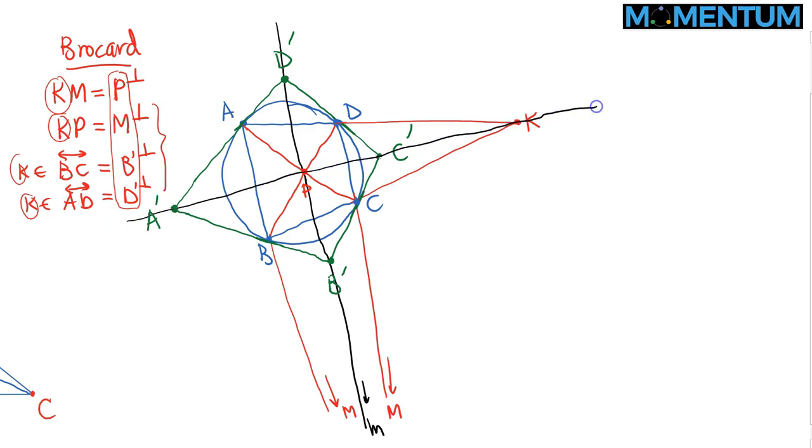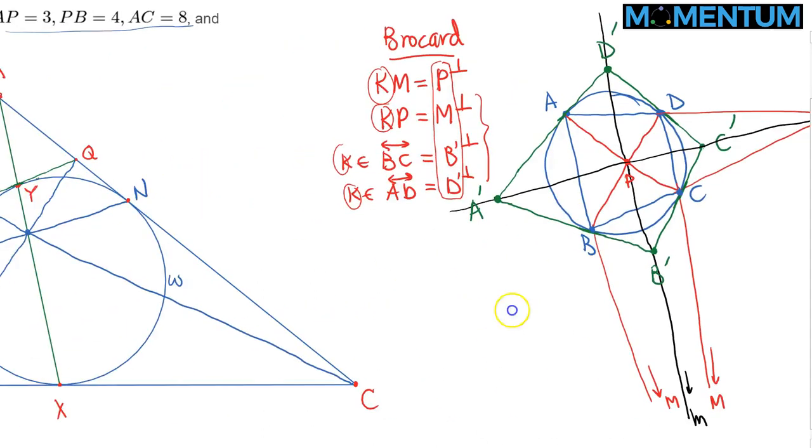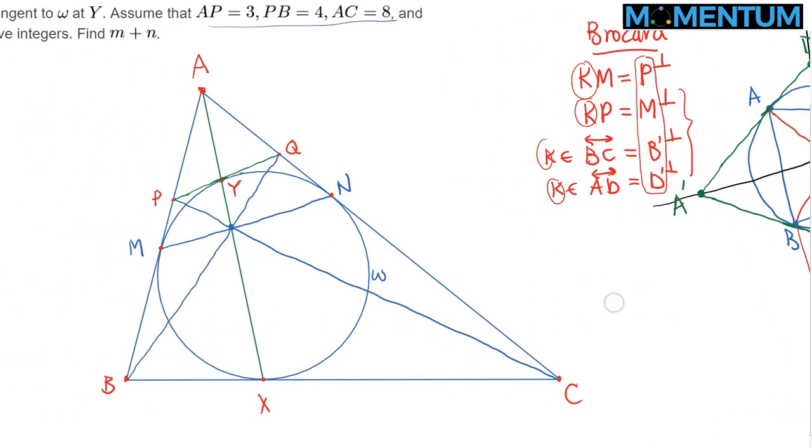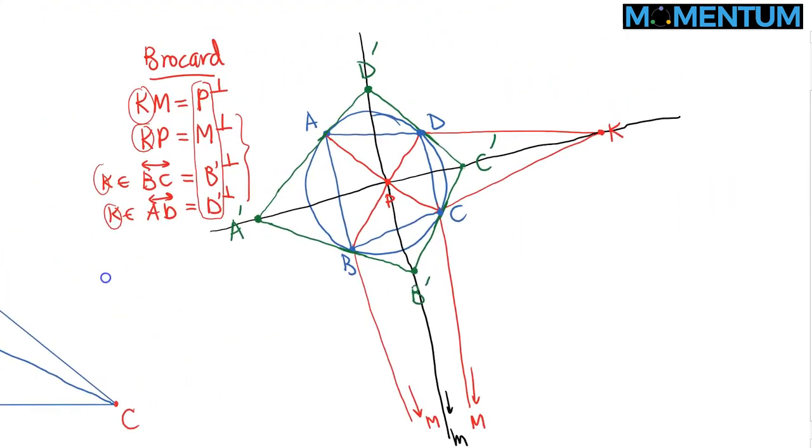Because all of them are on the polar of M, and the polar of M is obviously a straight line, so therefore these 4 points are collinear as well. And that kind of nicely proves the desired result. This is a general result that you can easily apply to our situation, which is the same thing, right? So does that make sense?